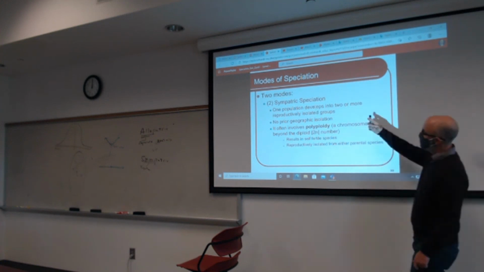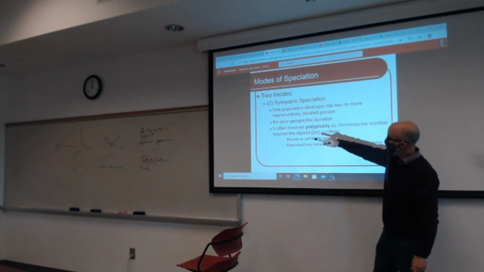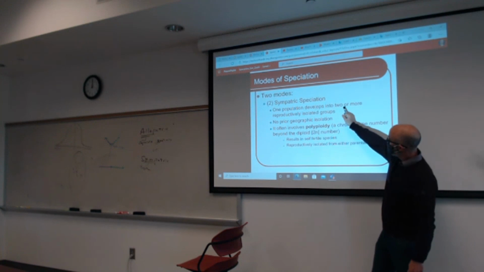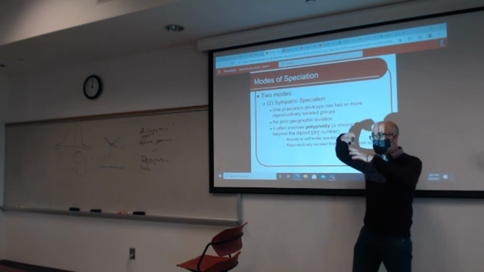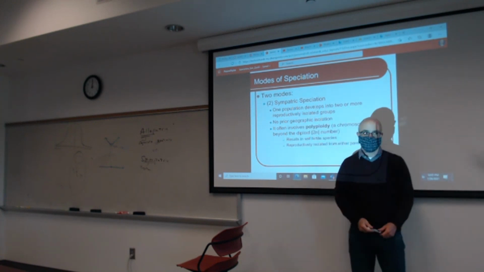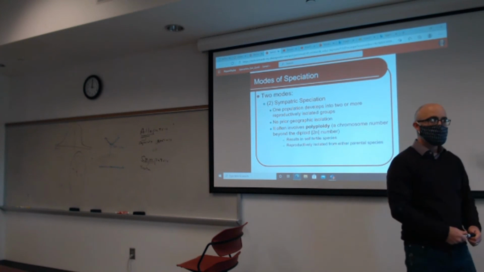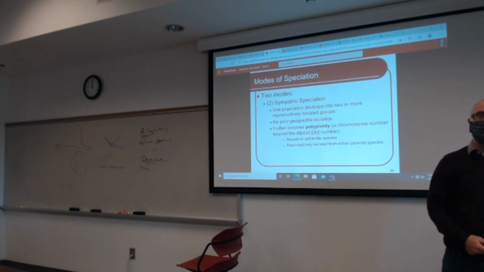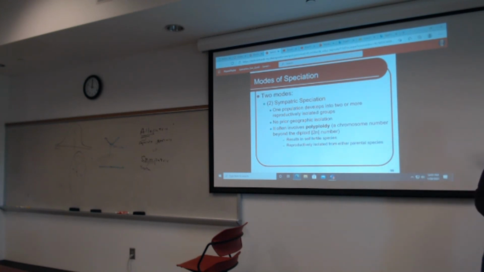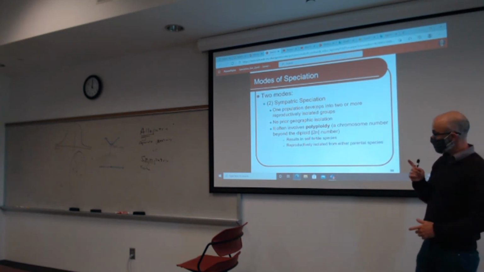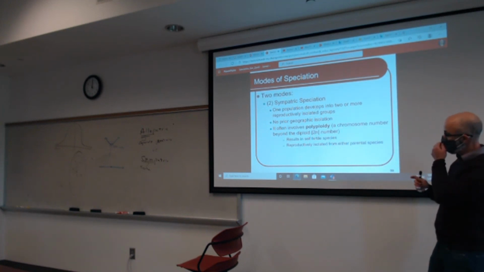Right? It's a little bit more difficult to see how sympatric speciation could happen. Okay? So one population develops into two or more when they're all together in the same geographic area. Okay? This is a little bit more difficult to conceptualize, right? There are some examples of how this could work, right?